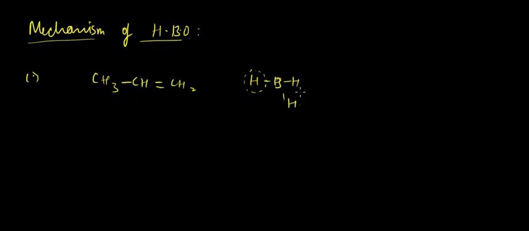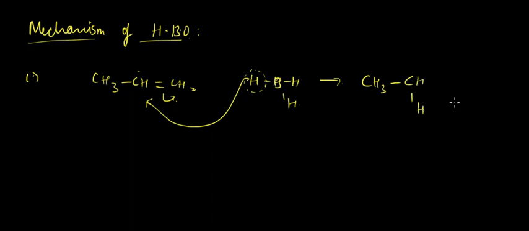What will happen here is this bond would be breaking up, and as a result this H would be attaching to this middle carbon because of the partial positive nature of this carbon atom. Or rather, let me make the intermediate first. We'll get something like this.